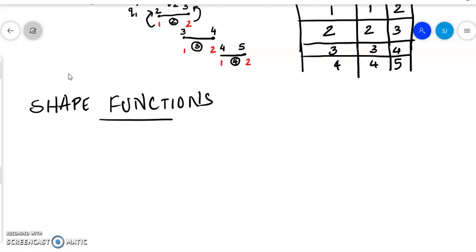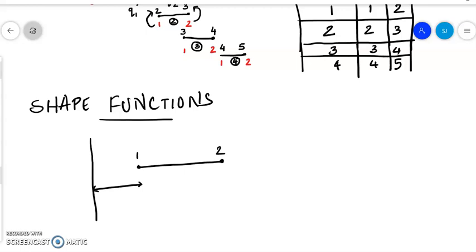Okay, now let me take this as the reference axis, and we have an element with node numbers 1 and 2. Let us write down the coordinates of this.